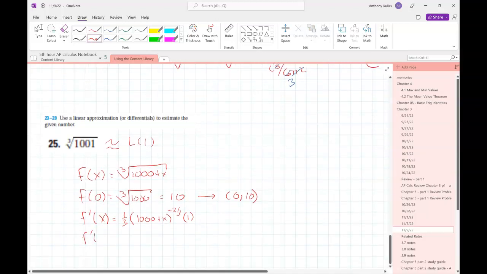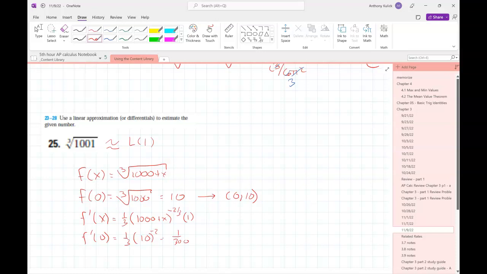And then I'm interested in what's happening at 0. So the cube root of 1,000 is 10. So 10 to the negative 2 is 1 over 100.